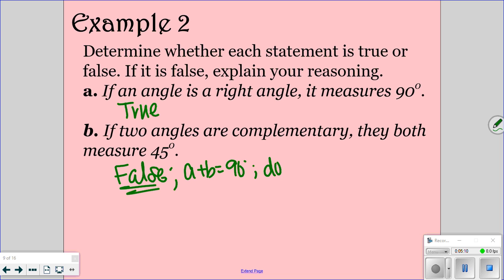It does not mean that A and B have to be equal. If they are both 45, then those two angles are complementary, but just because they're complementary doesn't mean they both have to measure 45 degrees.